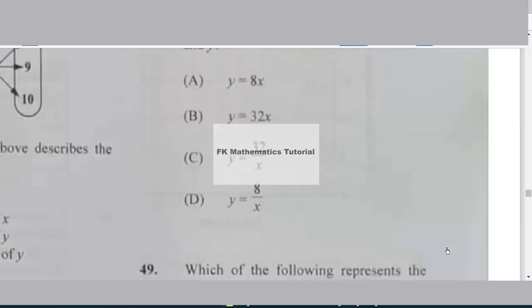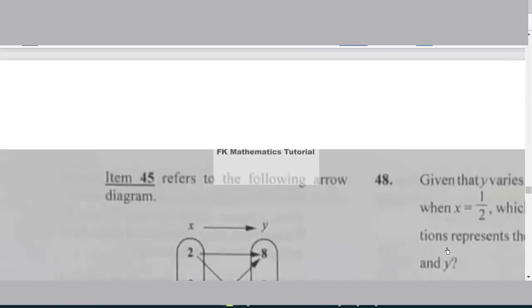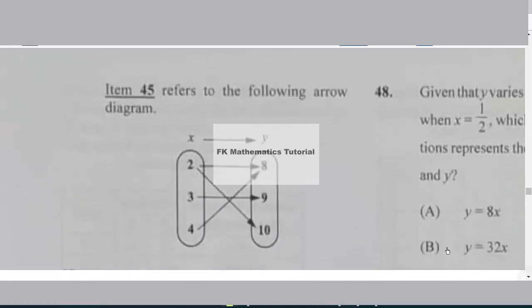Now let's look at the next question, item 45. Item 45 refers to the following arrow diagram. X maps onto Y. So we can see that 2 maps onto 8, and 2 is a factor of 8. 2 also maps onto 10, and 2 is also a factor of 10.